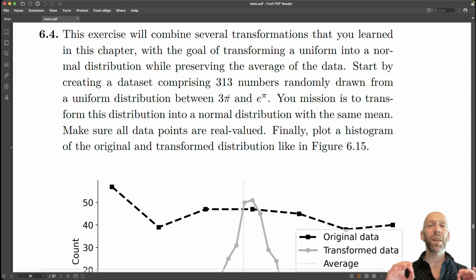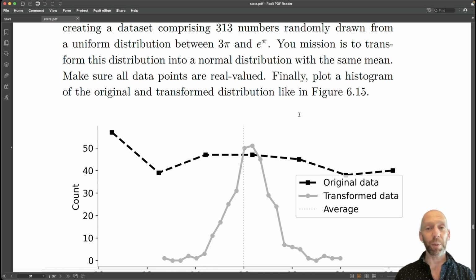Okay, so you start with uniform distributed numbers in this range, and your mission, should you choose to accept it, is to transform this distribution into a normal distribution that has the same mean. So it should go from a uniform distribution to a normal distribution, but with the constraint that the average of the distribution needs to be the same before and after the transformation, I mean.